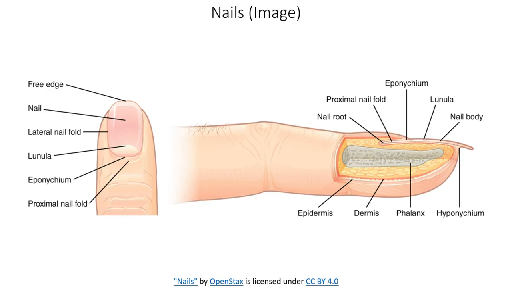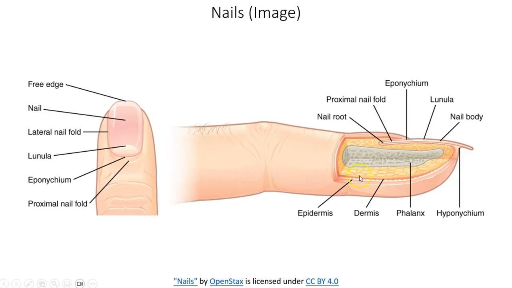The nail bed is very rich in blood vessels, which is why the beds of our nails appear pink, because there's a lot of blood flow to that area, except at that base where we have the lunula, which means little moon. That is not going to have as much blood flow, which is why it appears much more pale in color.